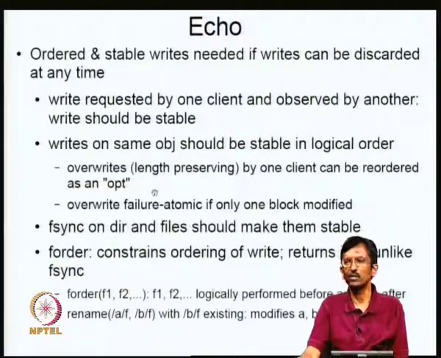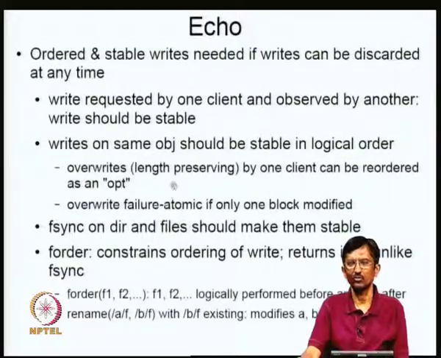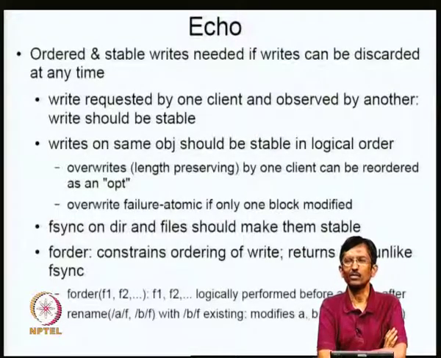The only thing that they try to relax is with respect to overwrites. Overwrites, what are overwrites? Basically, I am not increasing the size of the file. So, there is a file, for example, 8 megabytes, and I am always writing inside that 8 megabytes. Okay, I am not really extending the 8 megabytes.